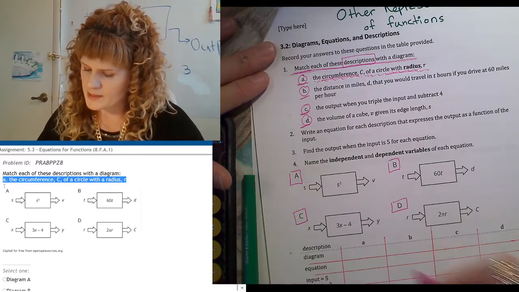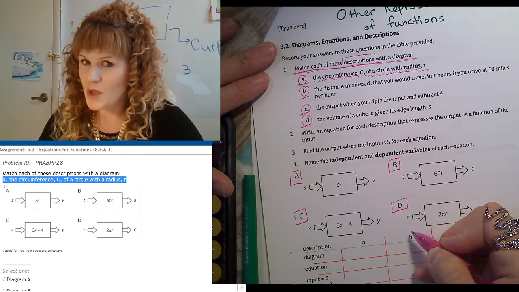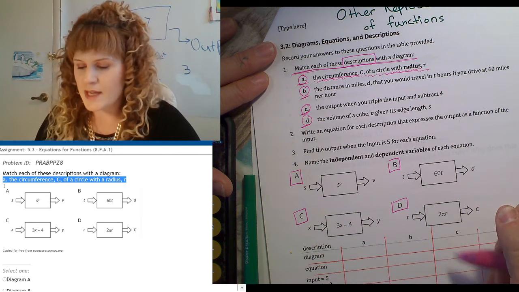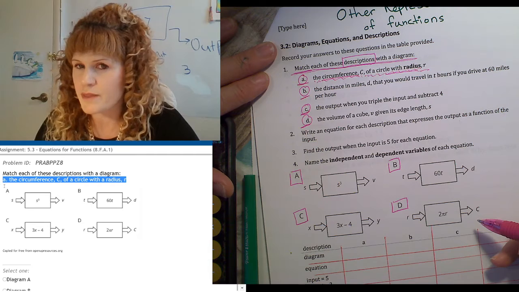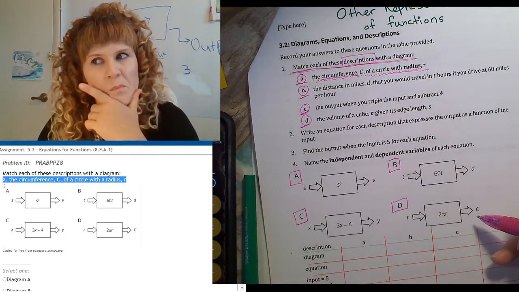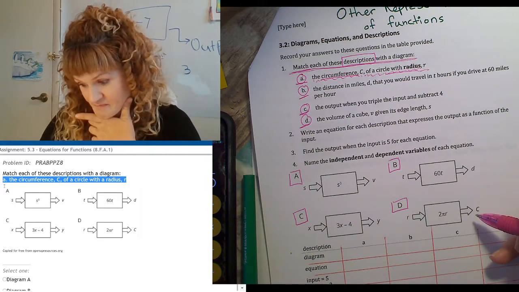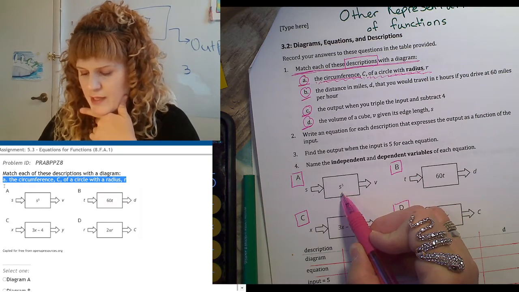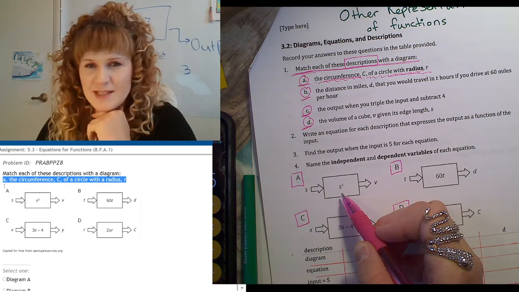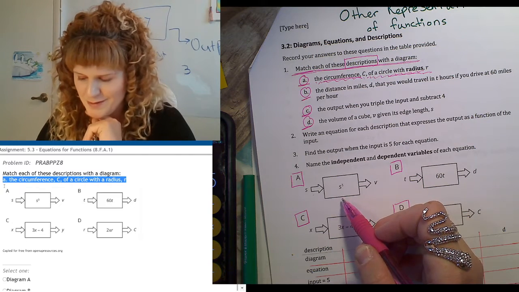Okay, look at the boxes, the diagrams. Which one of these diagrams gives you the circumference of a circle with radius r? Well, this diagram says something, the input gets cubed, but that's not how we find the circumference of a circle.